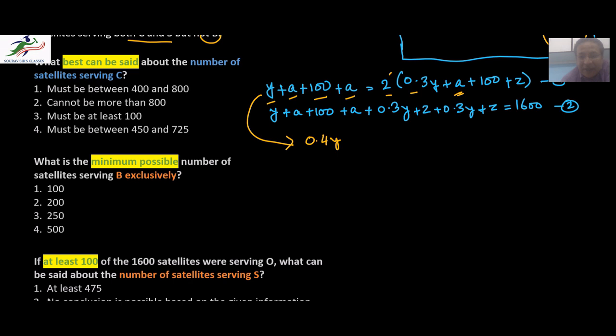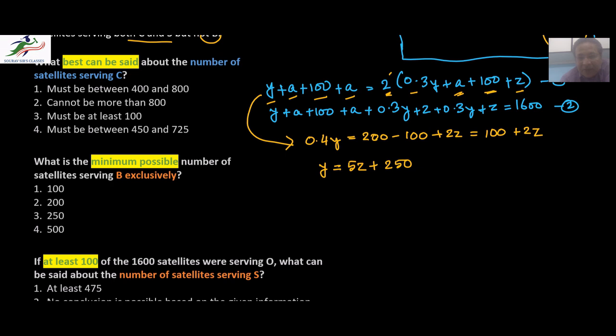Then I have 100 here, and on the other side I have 100 into 2, which is 200, and I have a Z which will be multiplied by 2. So this is equal to 200 minus 100 plus 2z, which is equal to 100 plus 2z. Now I can simplify this further, dividing both sides by 0.4, which makes it y equal to 5z plus 250.